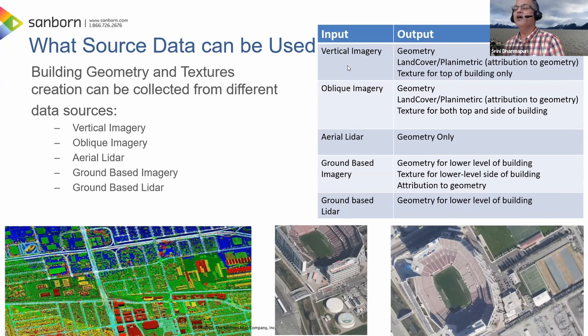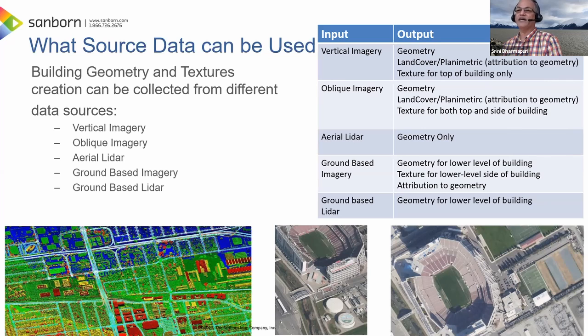Now, with this geospatial data, what sort of products we can get is shown in the table on the right-hand side. Between the vertical imagery and oblique imagery, we can get the geometry, and we can also get the land cover and the planimetric information from the imagery, as well as do the attribution to the geometry. When we say attribution, intelligence is being added to the geometry. For example, we capture a building and then we qualify that building, whether it is a commercial building, a government building, or a school.